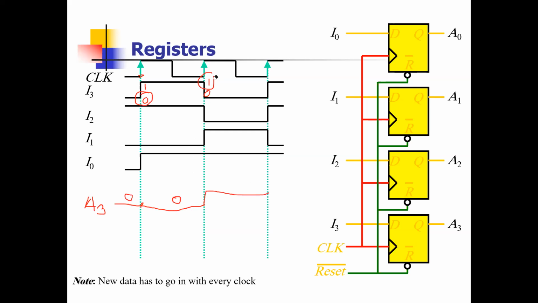Look, I told you, if you are checking the inputs and you have 2 values for that particular clock, look, for this clock we have 2 values for I3, I have 1 and I have 0 also. So we always need to choose the first value. Before, the value was 1, so is 1 the first or 0 the first? 1, so I will choose 1.